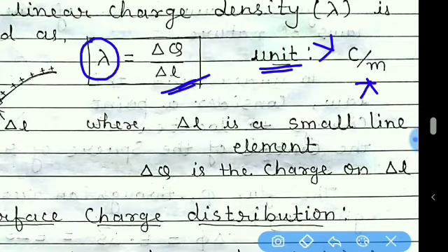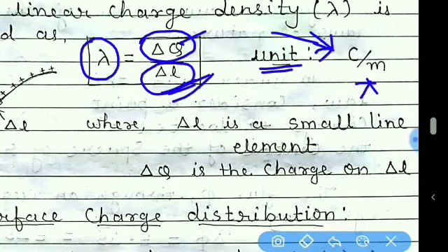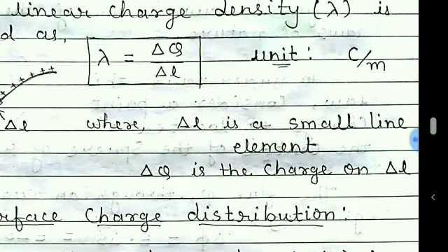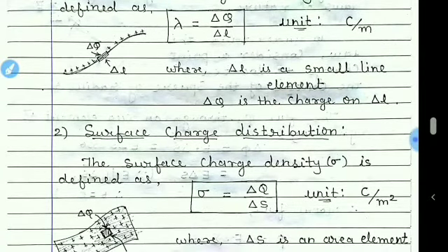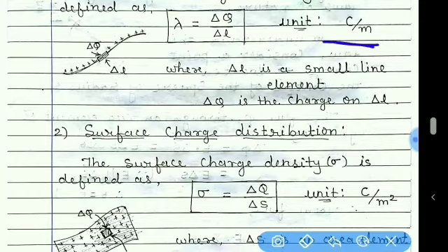Because the formula itself says delta Q in the numerator, Q is a charge, so charge is in coulomb, and length is in meter, so coulomb per meter. Now after getting the unit, you can also find the dimension.